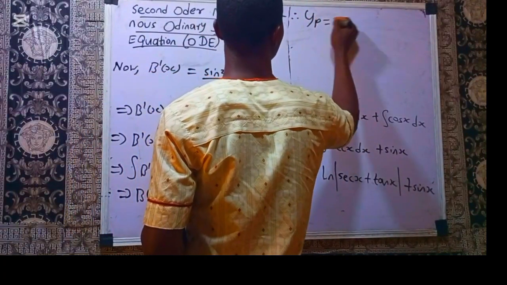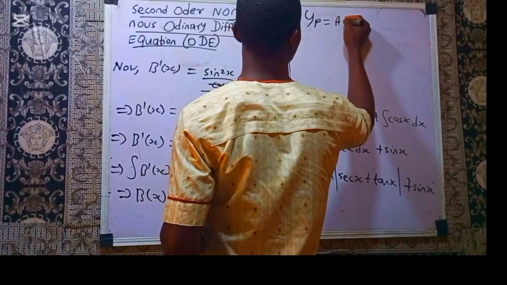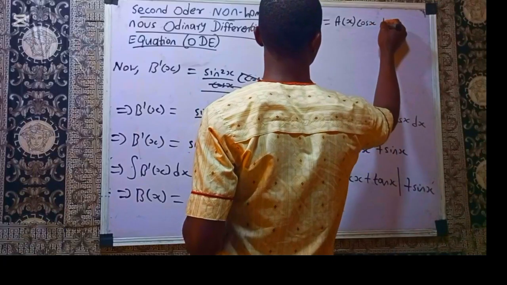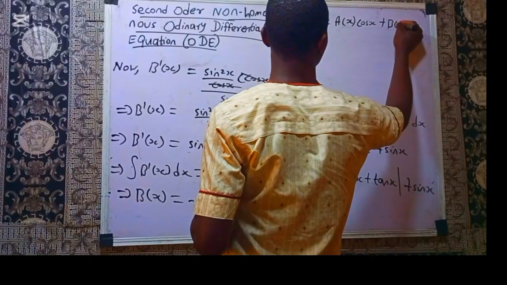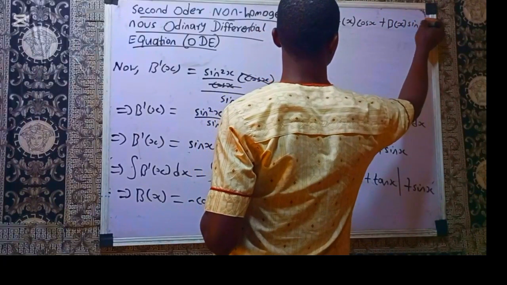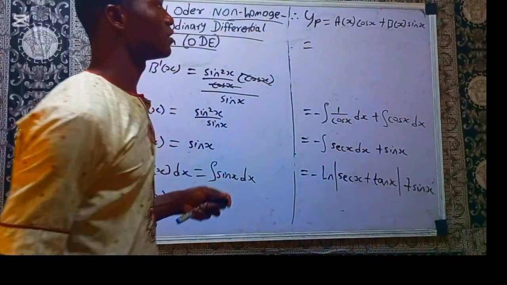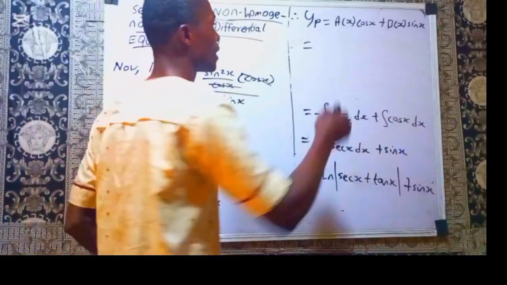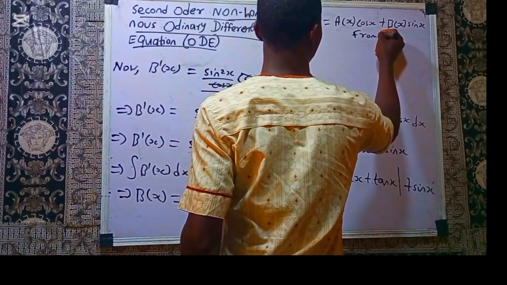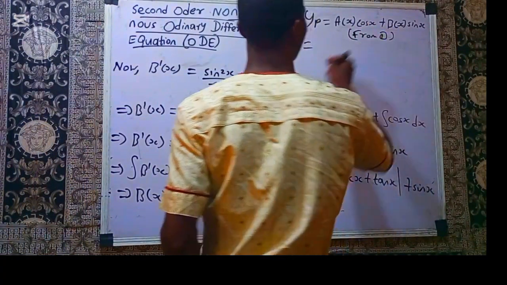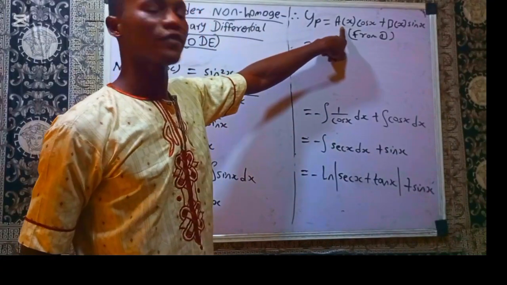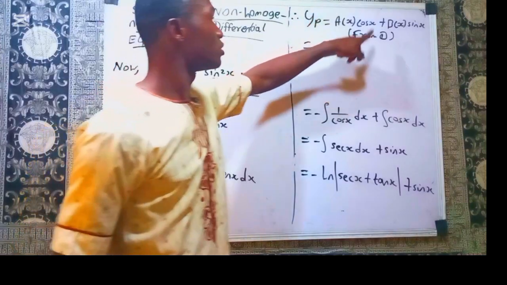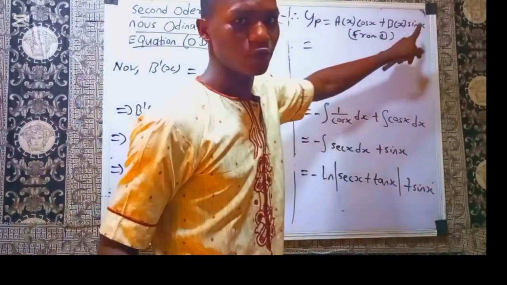Therefore, our y sub p, which equals a of x cos x plus b of x sin x, is equal to, remember, from equation 1, our particular solution is a of x y1, where y1 is cos x, plus b of x y2, where y2 is sin x.